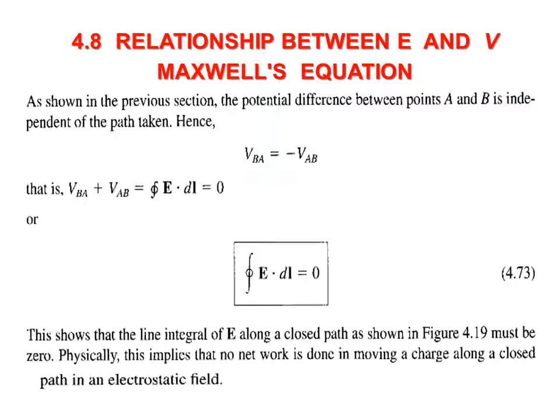That is, VBA plus VAB is equal to the integral of E dot dl, which is equal to 0. This shows that the line integral of E along a closed path, as shown in figure 4.19, must be 0. Physically, this implies that no net work is done in moving a charge along a closed path in an electrostatic field.